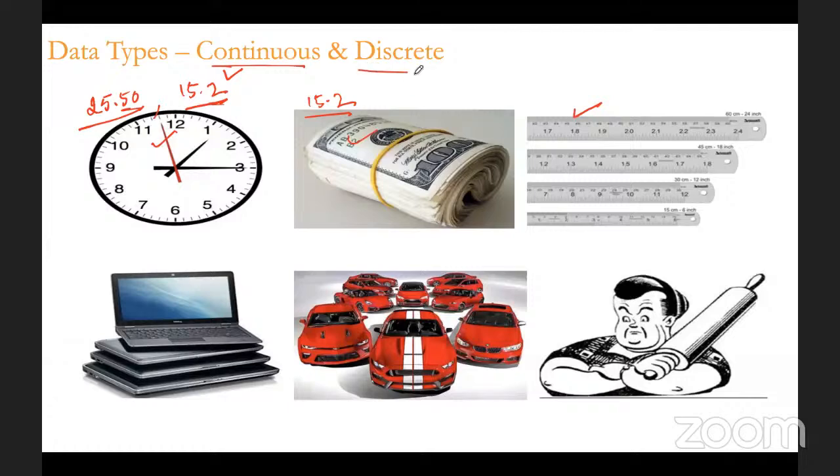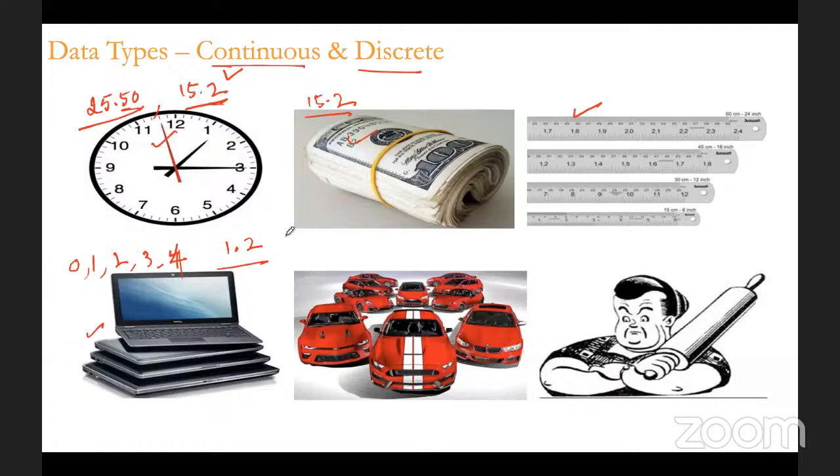Coming to discrete data, the discrete data is where we cannot express any measure or quantity in terms of decimal values. For example, if you see here, we have 4 laptops. I can express the number of laptops as either 0 or 1 or 2, 3 or 4. I cannot say 1.2 laptops.